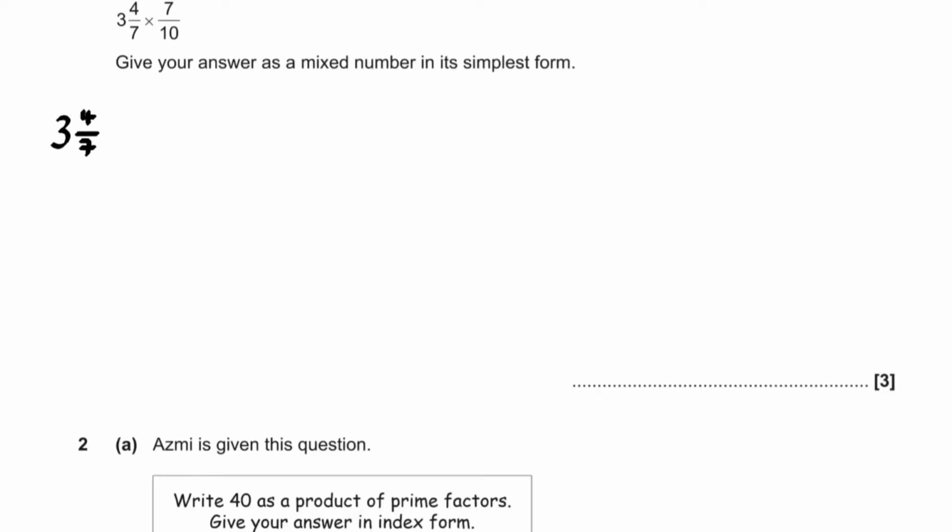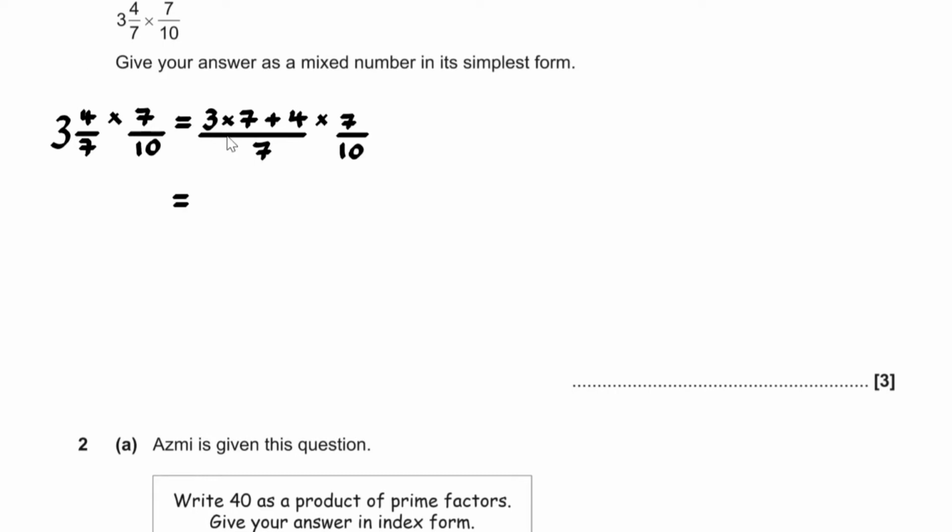So we have 3 4/7 being multiplied by 7/10. Now, if we deal with this 3 4/7, converting it into a top-heavy fraction, we have the 3 times by the 7, we add on to this the 4, and then we divide this by 7, and we multiply this fraction by 7/10.